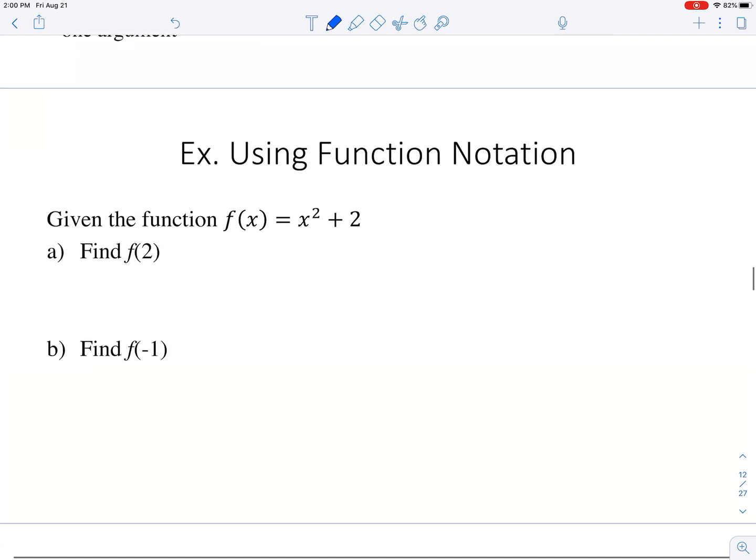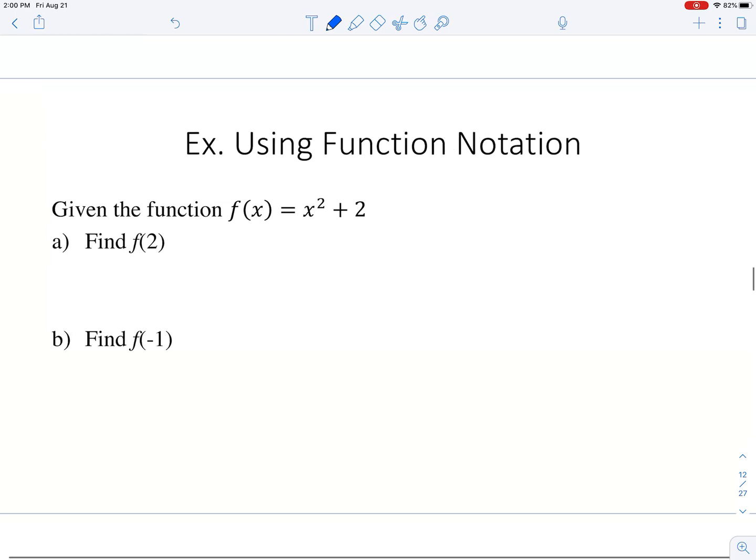All right, so let's practice using function notation. So with this function, f of x equals x squared plus 2, if we wanted to find f of 2, that means we want to find the y-coordinate that goes with x equals 2. So basically what 2 maps to in the range.